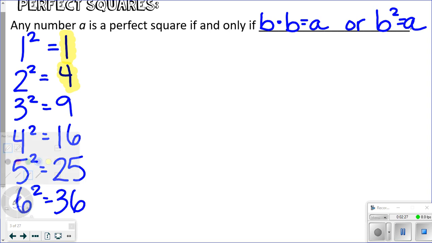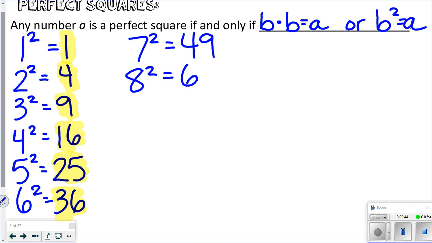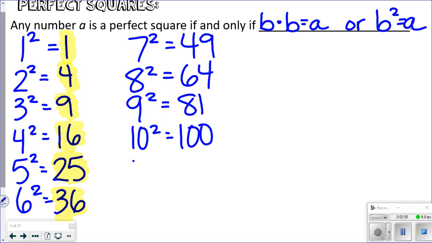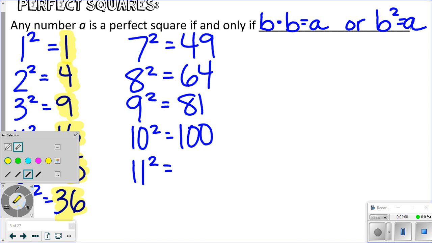So 9, 16, 25, 36, those are perfect squares. All right, let's keep going. Some of you might have these memorized. 49 is a perfect square, 64, 81, 100.